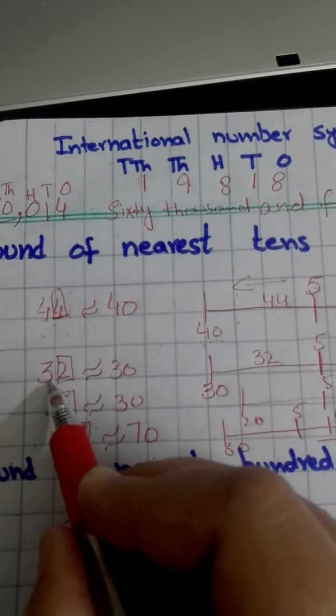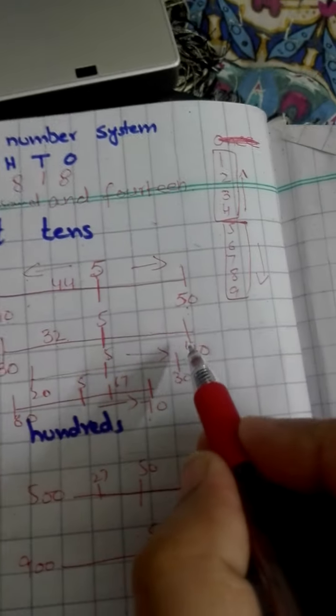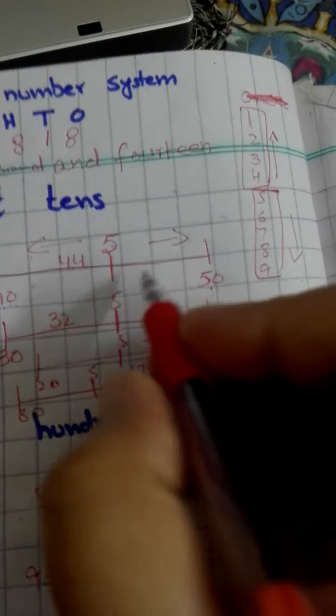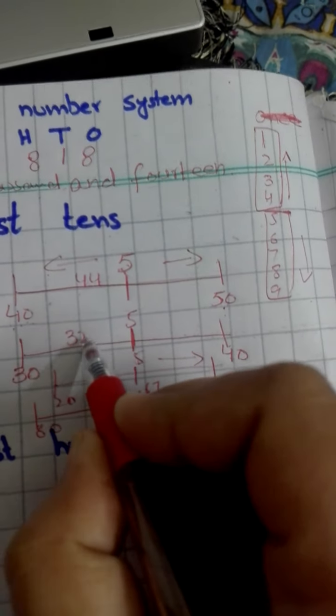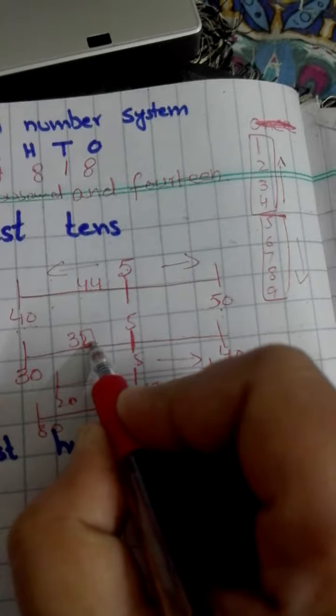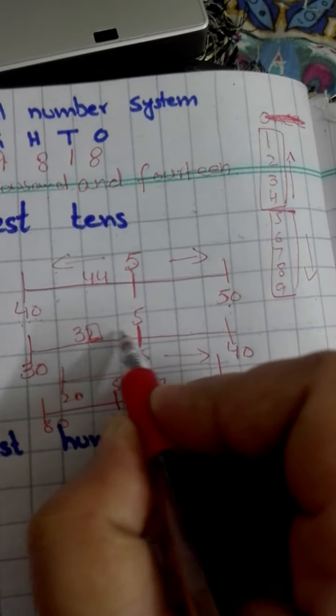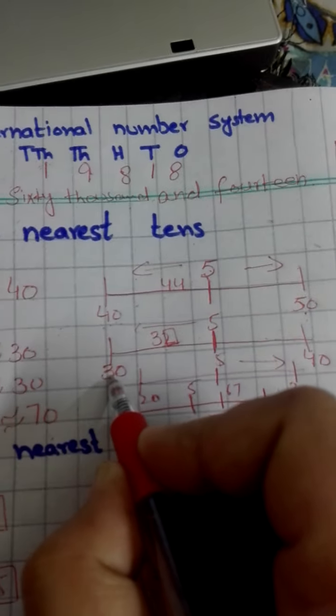Now we have a value 32. 32 is between 30 and 40. Now we check the ones value, 2. 2 is less than 5, so it is near to 30.